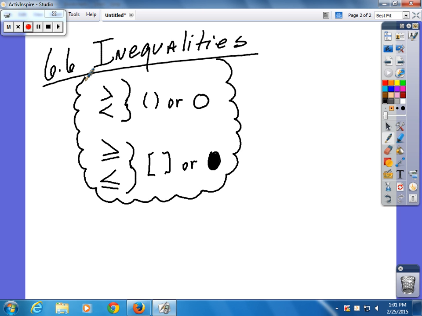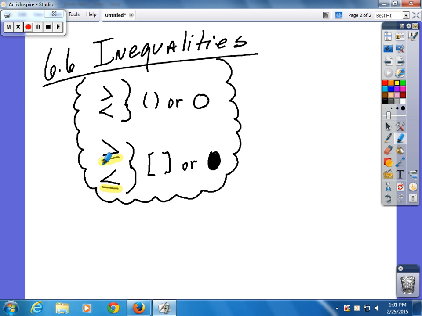This means right here, what does that mark right there mean? That means equal to or equal to. And that means that you do include that number, meaning if x is greater than or equal to 3, you do include 3 in the solution set, and you can locate 3 with a closed circle. That means you can use 3 or use that number.